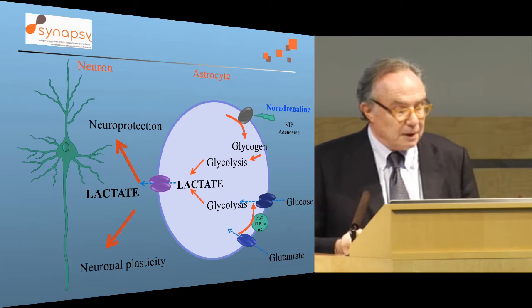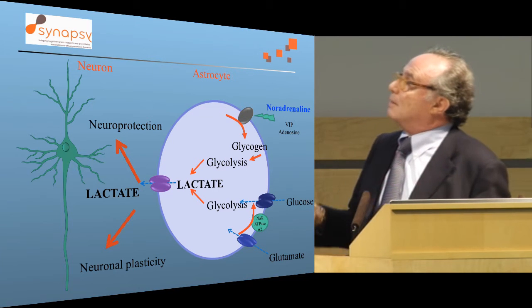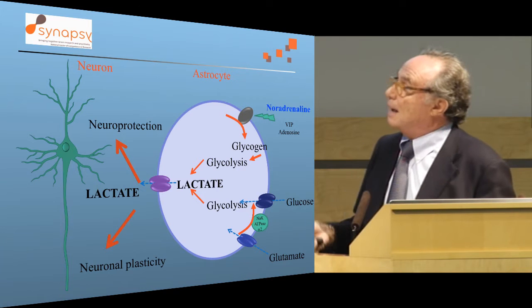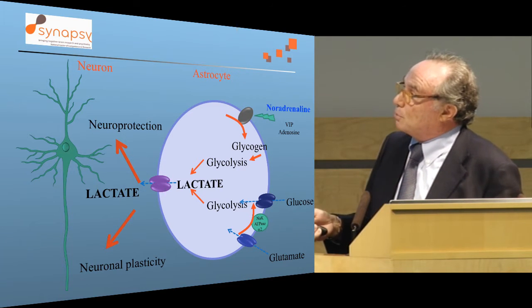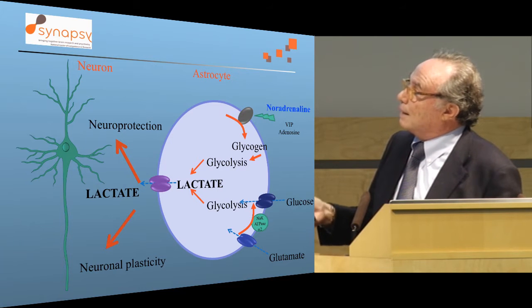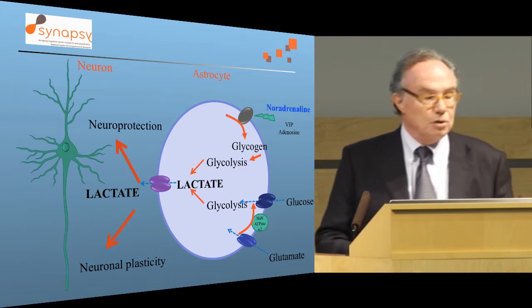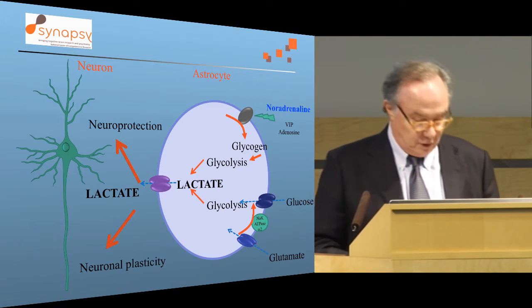So in summary, what we know now is that there is definitely a key role in brain energy metabolism by these cells, astrocytes, that essentially produce lactate either through glycolysis or through glycogenolysis, both leading to lactate production.